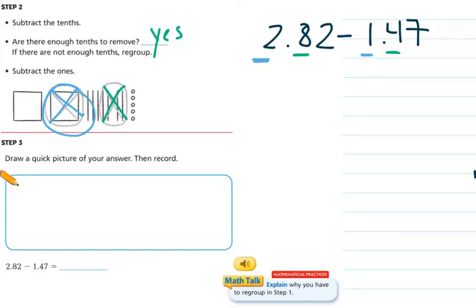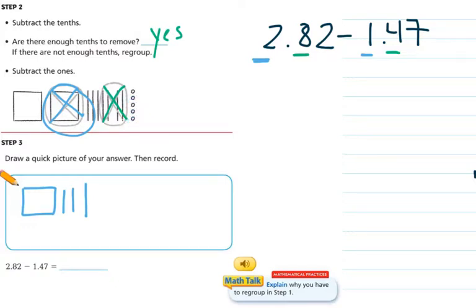So now it says to draw a quick picture of our answer. We have 1 whole, and then here in the middle, it's kind of hard to see, 3 tenths, and then you can see that we have 1, 2, 3, 4, 5 hundredths.